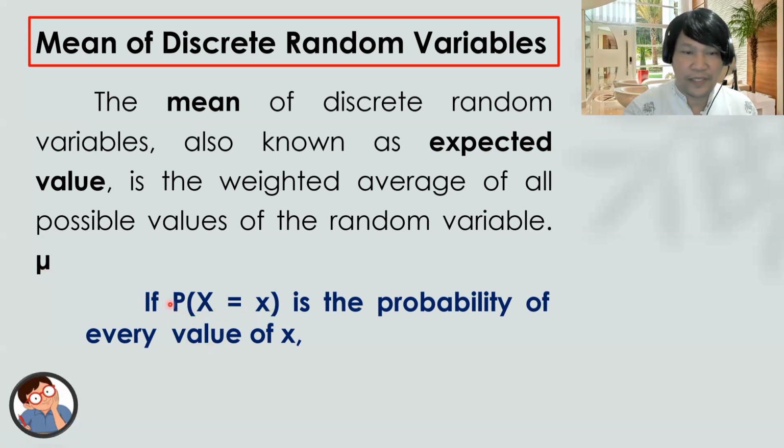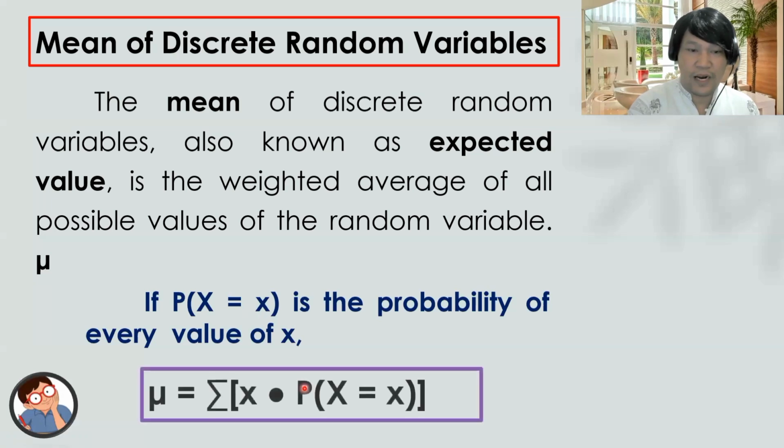P serves as the probability of the given random variable, whatever be the random variable that we are dealing with. Therefore, the expected value or the mean of a discrete random variable is equated as the summation of the product between the random variable multiplied to its corresponding probability.